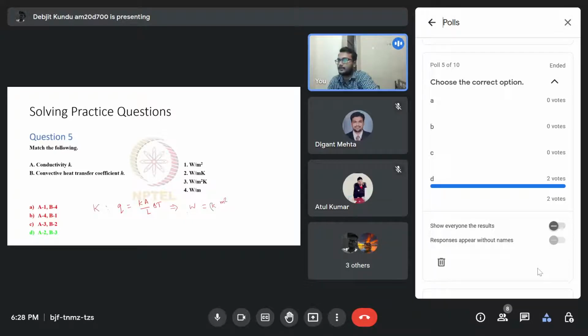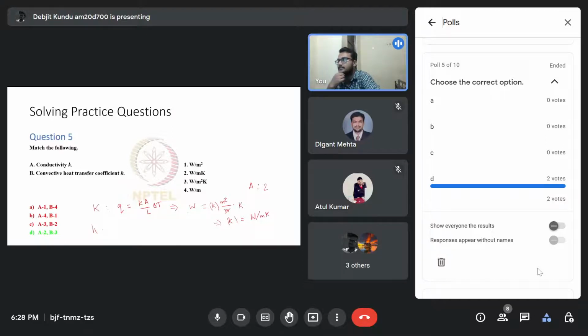We will keep K as it is, meter square, by length in meters, and temperature difference in Kelvin. So meter cancels out, and now the unit of K is watt per meter Kelvin. So A would correspond to option 2 from the second column.